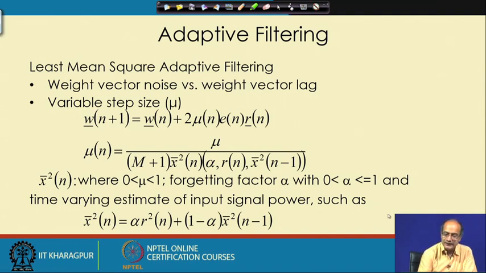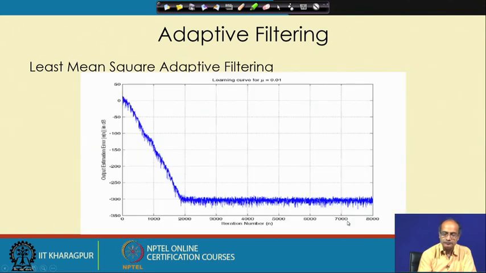So, let us see some graphs which will help us to understand this concept. First, we look at the scenario where we have taken an LMS filter where the value of mu is 0.01.